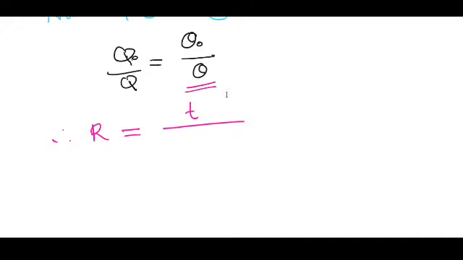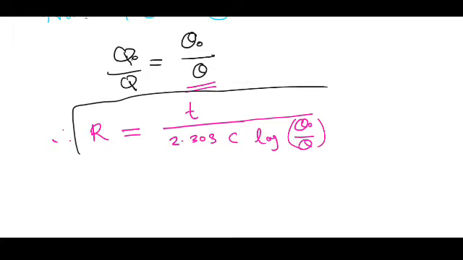Therefore, this can be written as t by 2.303 C log theta 0 by theta. In this way, one can find the value of the high resistance using the leakage method.